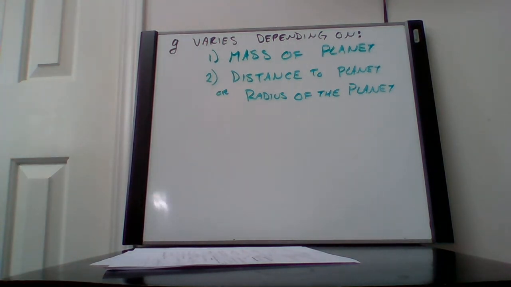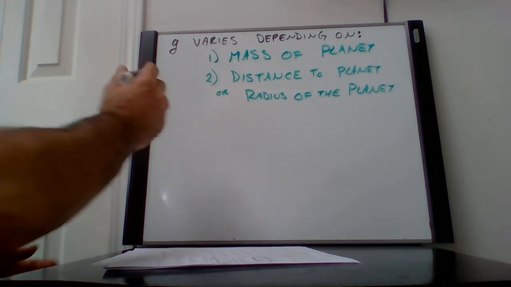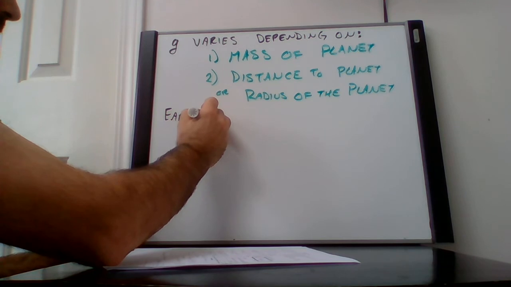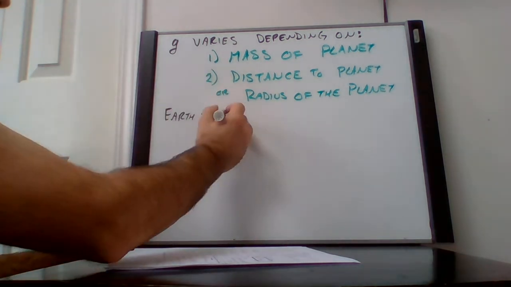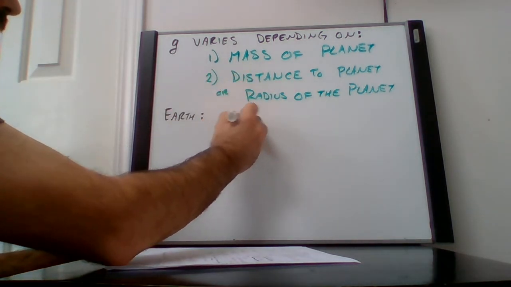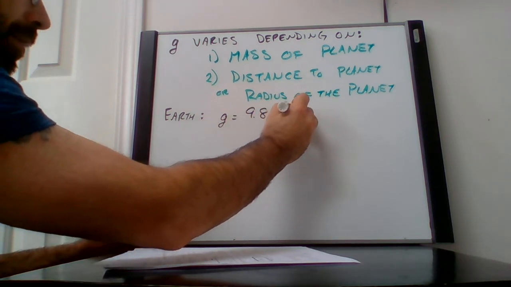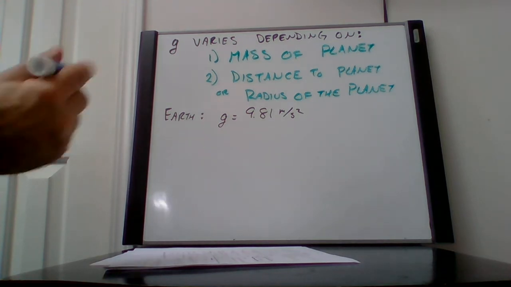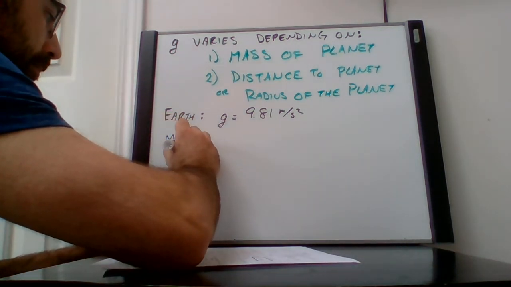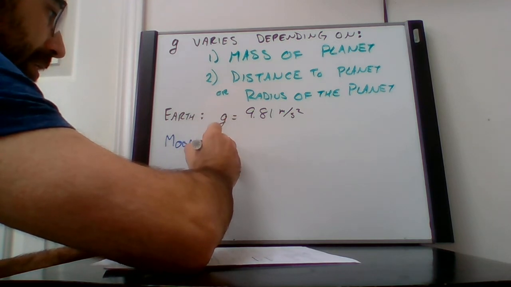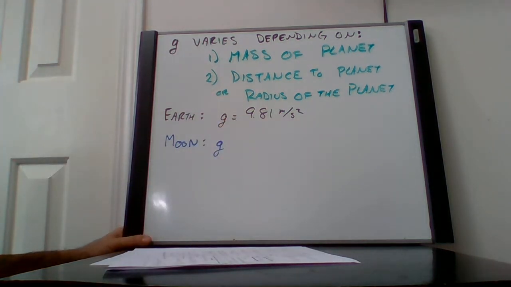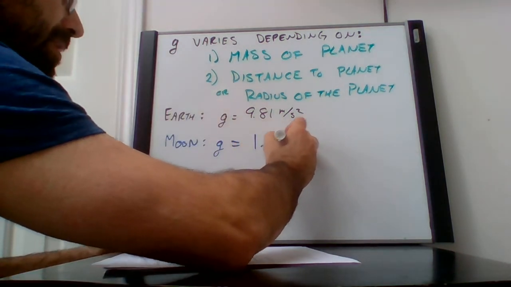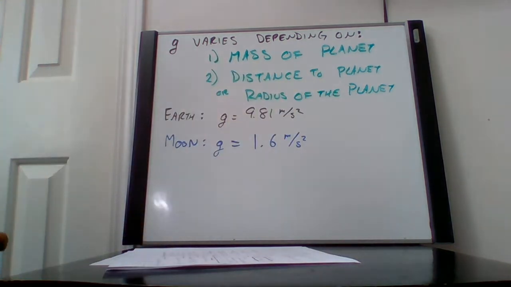So, for example, we're looking at Earth, and specifically here we're talking about at sea level. Our gravity here is that 9.81 meters per second squared that we've been dealing with. However, if we look at the moon, and we saw this in that last test, the moon has a gravity 1/6 that of Earth, and so we said it is approximately 1.6 meters per second squared.